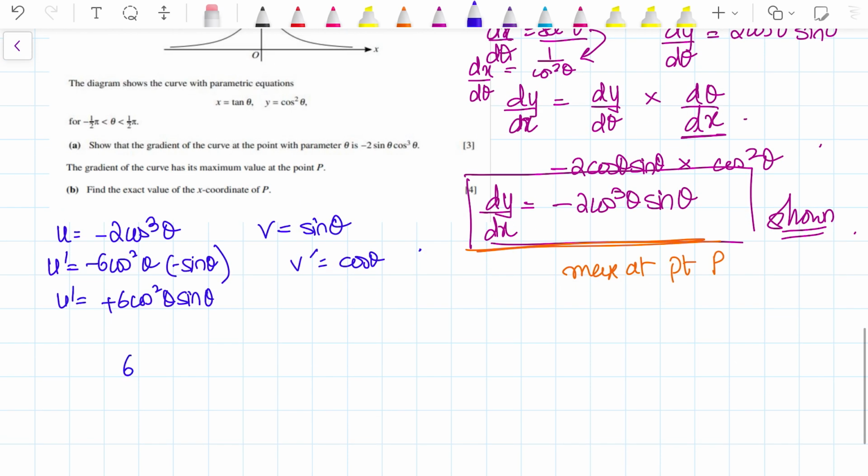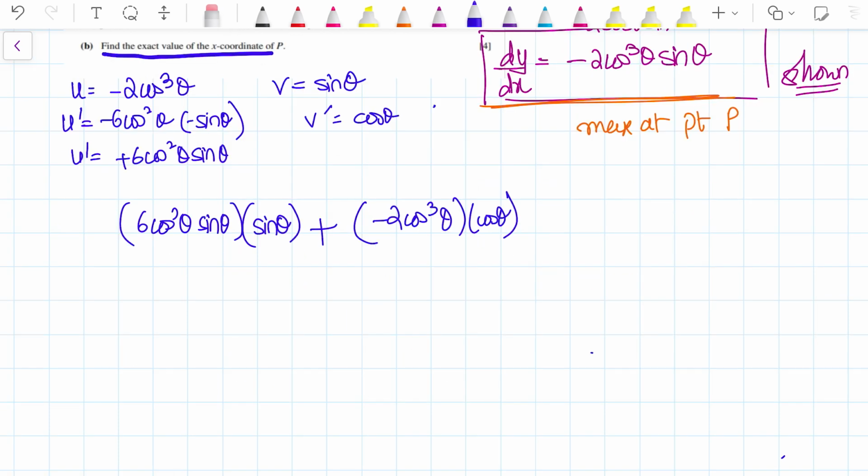Now U bar V plus V bar U. Alright, so 6 cos square sine square theta minus 2 cos power 4 theta.